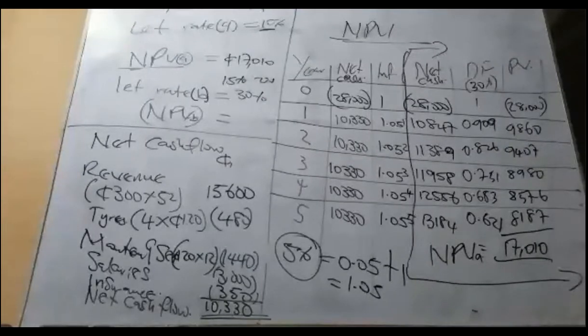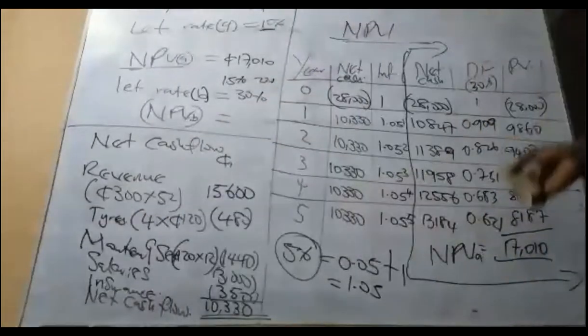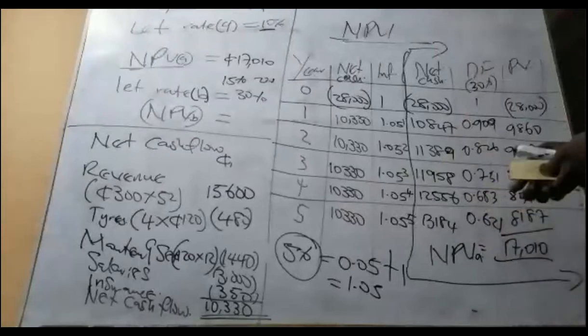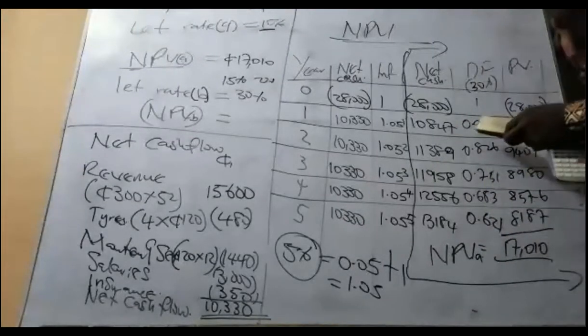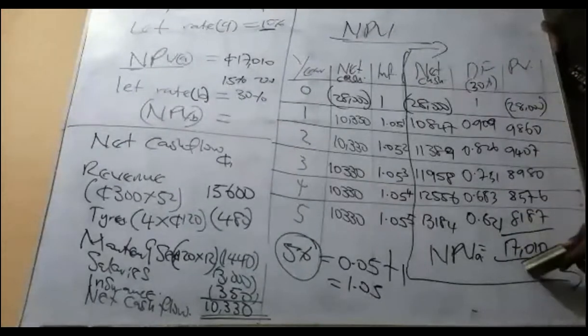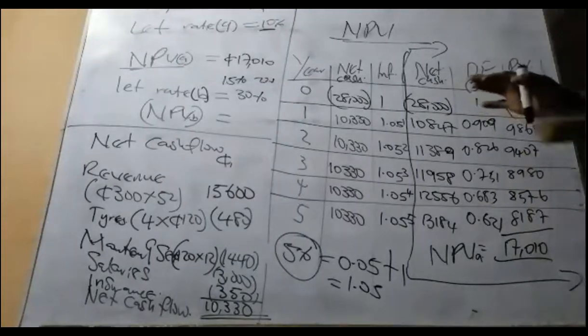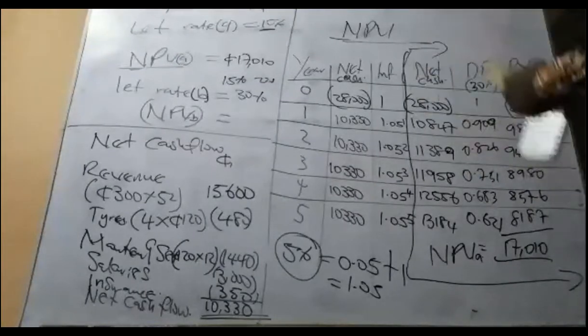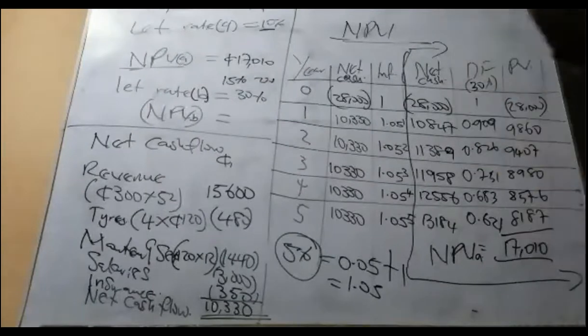So now let's calculate the second NPV. I'm supposed to do it on a different sheet or different page. So I'll just clean these discount factors and then reproduce them and calculate it here. But for the purpose of your examination, if I do it in the exams, don't go by that approach. Go and show a different page and do the workings there.